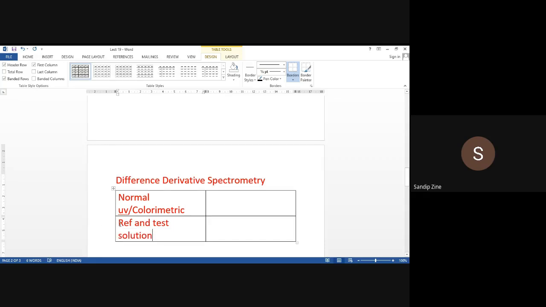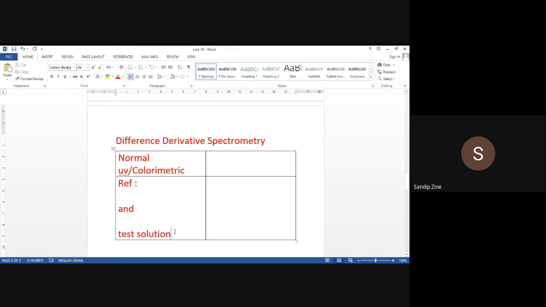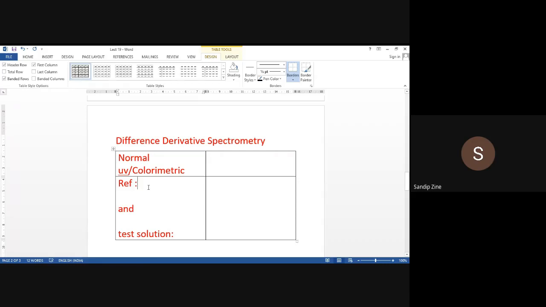We are preparing a reference solution, maybe the blank solution, and the test solution of our analyte. And these are prepared exactly in the same manner, isn't it? The only difference being, what is the difference? Can anybody talk about this difference? What is the difference between reference and test solution? This is the reference and this is the test. Can anybody talk about the difference between these two when we are analyzing a compound by using UV spectrophotometry?